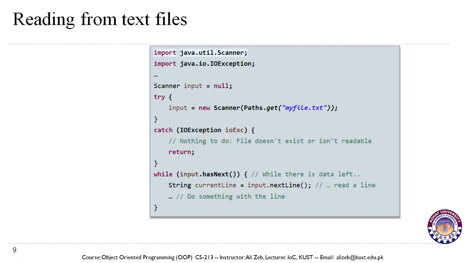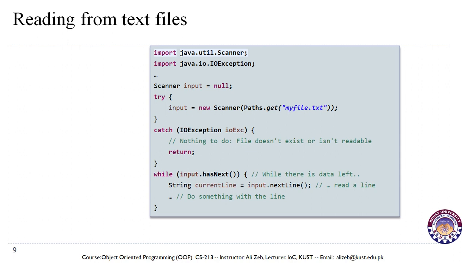Now let's look at the sample code for how we can read from a text file. Reading from a text file is quite easy. We have been using the scanner class and an object of the scanner class to take input from the user. Similarly, we can use the scanner class to read from a file.